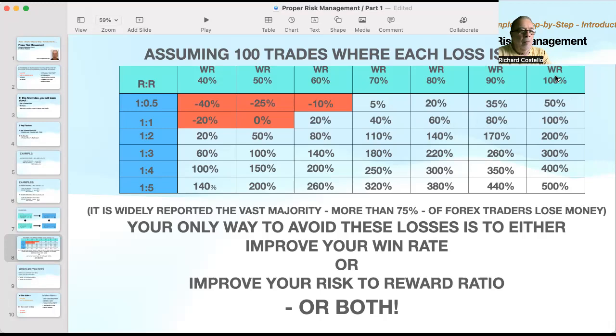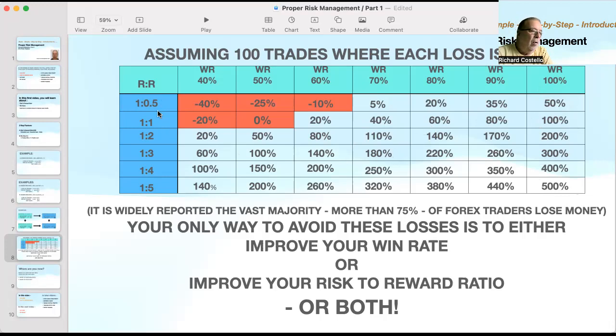Now, this win rate of 100% is actually never going to happen. I don't think anybody who exists wins 100% of their trades. So that's probably a bit unreasonable to aim for, but certainly you can increase from 50 to 60 to 70 to 80, depending on the type of strategy that you're using.